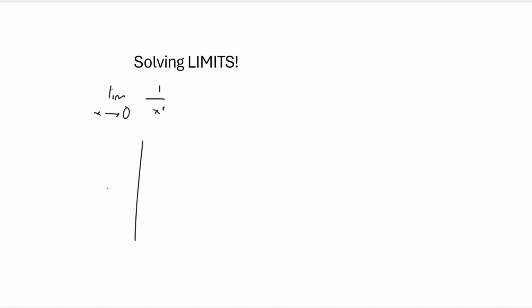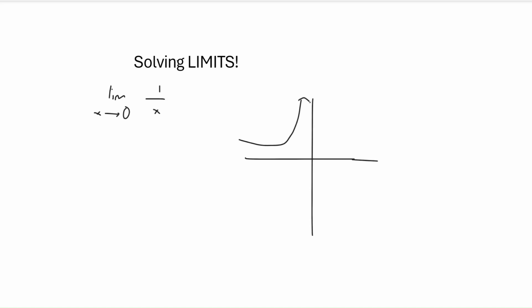So we have to end up drawing a graph here. So let me go ahead and show you the graph. So it would be something like this. Okay, so the graph looks a little like this. So the asymptote's right there, and it looks like this. So if we said, what is the limit as x approaches it from the left?